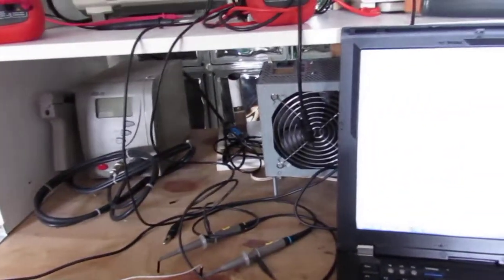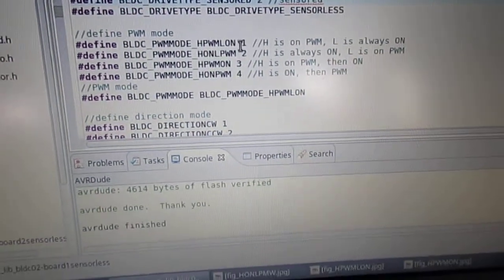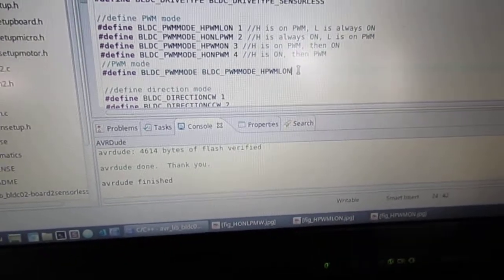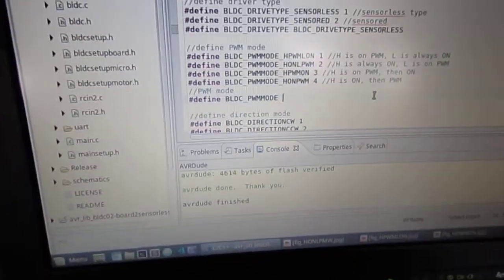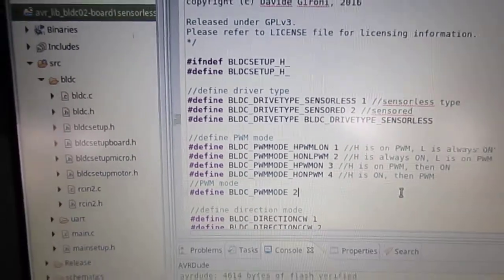Then let's check the other way of driving. For now I have one defined, so I simply write 2, which is the same as writing the macro above.